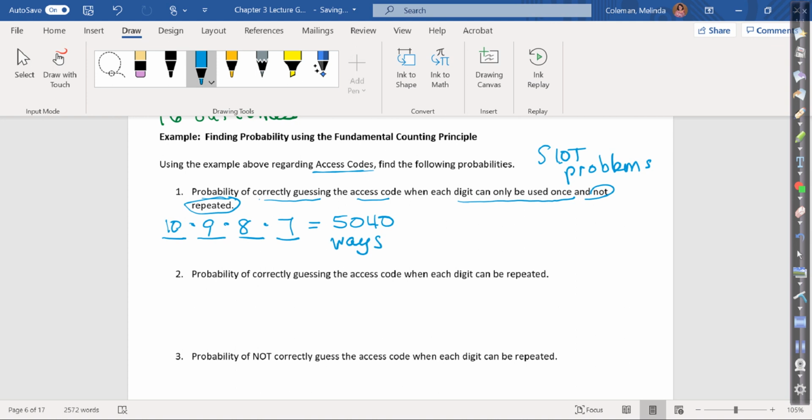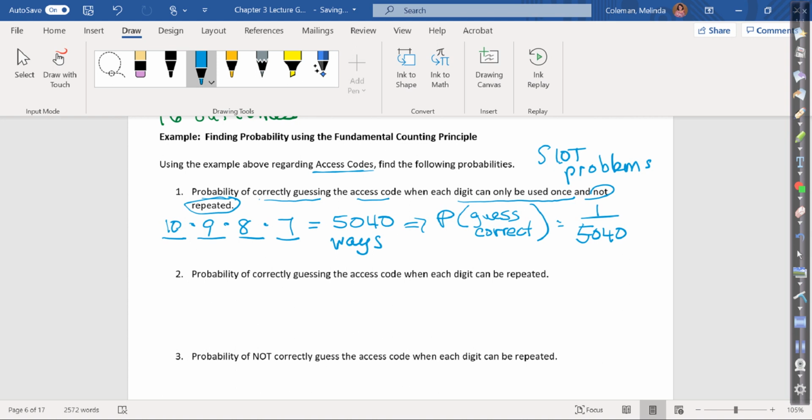So the probability that you guess it correctly, there's only one correct code, one correct guess, so that would be 1 over 5,040. So not very often will you guess it, so the probability that you are going to guess incorrect is more likely to happen, because incorrect guesses would be 5,039 incorrect guesses.